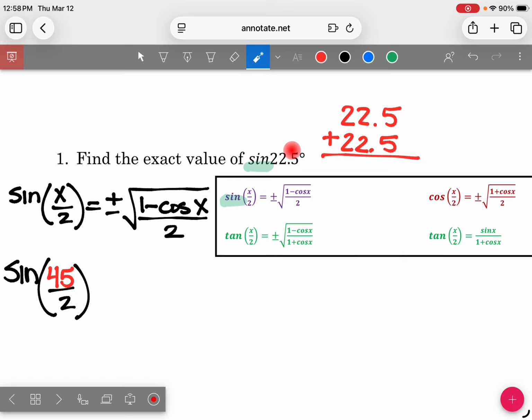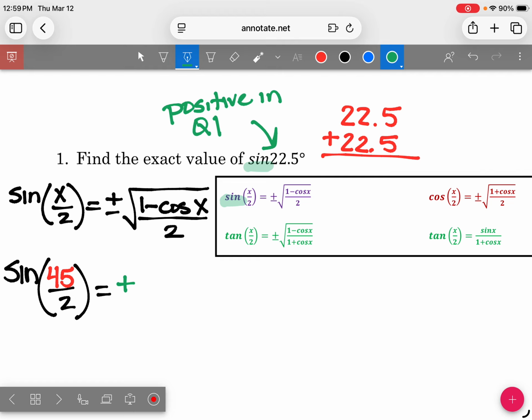Show me with your fingers, what quadrant would 22.5 fall in on the unit circle? 1, because it's between 0 and 90. So is sine positive or negative in quadrant 1? Positive, because everything is positive. So I'm going to put a plus sign, not the minus. It's in Q1, so it's positive.